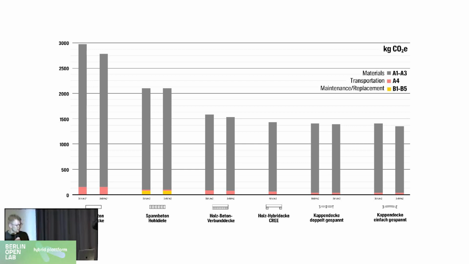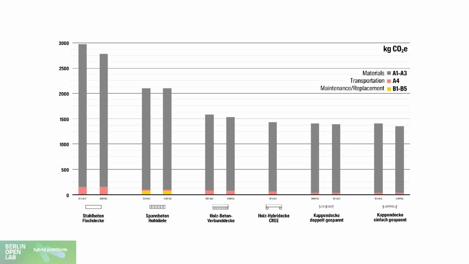You have also seen this graph already in Zakib's presentation, and what we see here is an LCA comparison study between different ceiling types. And why are we looking at ceilings? Ceilings have the most mass in a building, so if we want to reduce carbon, mass is very important.